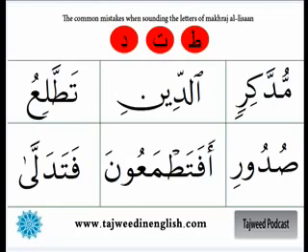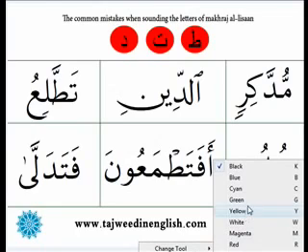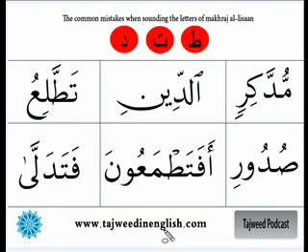Some may pronounce the ta as ta, because the ta comes straight away after the ta. So allati tattali'u. Some would say allati tattali'u. So make the ta as a ta. So we should observe this and be careful not to make that sounding similar to ta or similar to dal.